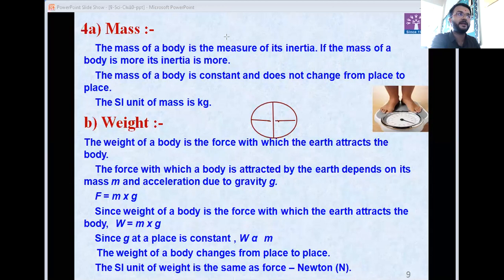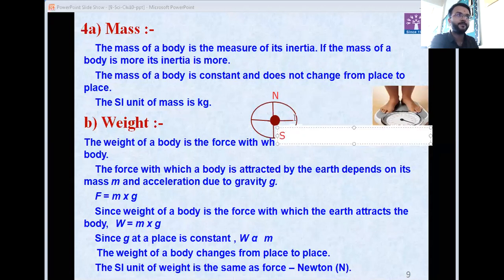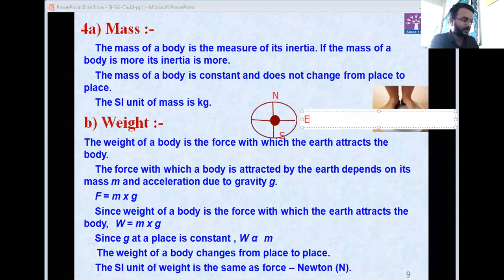Say, for example, this is the center. Then from this center, this is the North Pole of the Earth, and here is the South Pole of the Earth, and this is the equator.